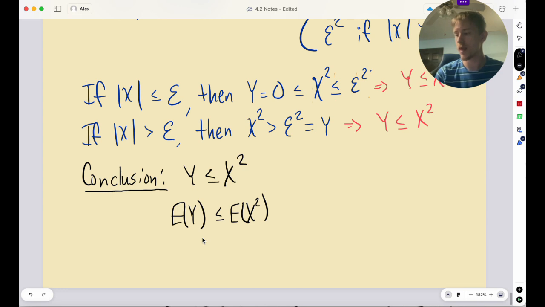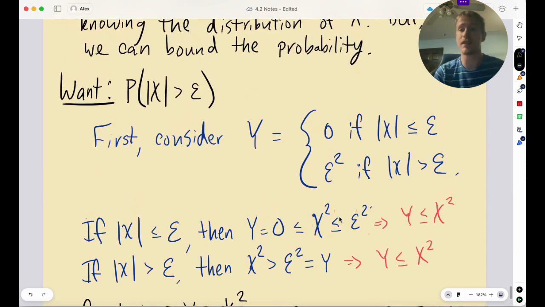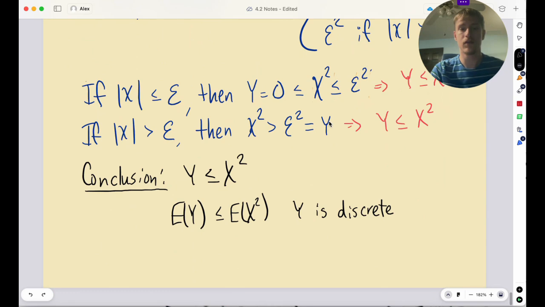Now, we also have that y is discrete. It doesn't matter whether x is or not, y is clearly discrete. It only takes on two possible values, either 0 or epsilon squared. So we can calculate the expected value of y. I'm going to add a new page, so give me just a second.